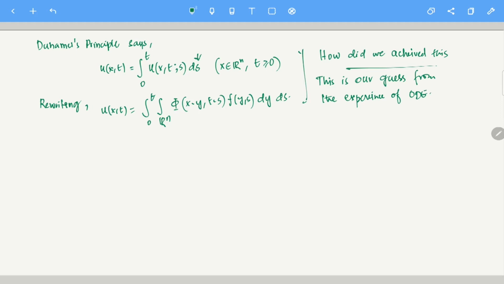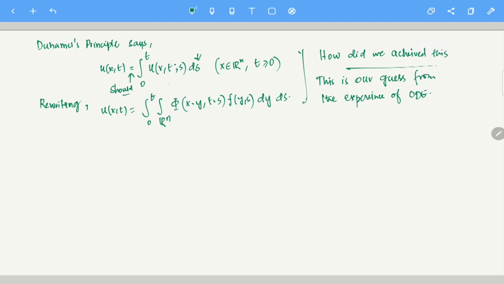Whenever I'm saying Duhamel's principle says, it does not mean that it says this. You can actually use Duhamel's principle to say that u of x,t should look like this. I don't know if it will look like this.